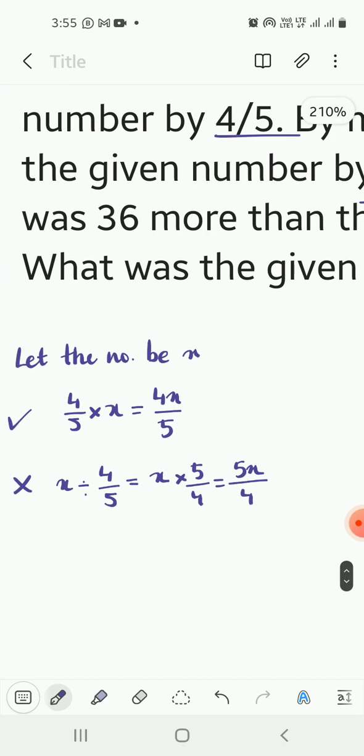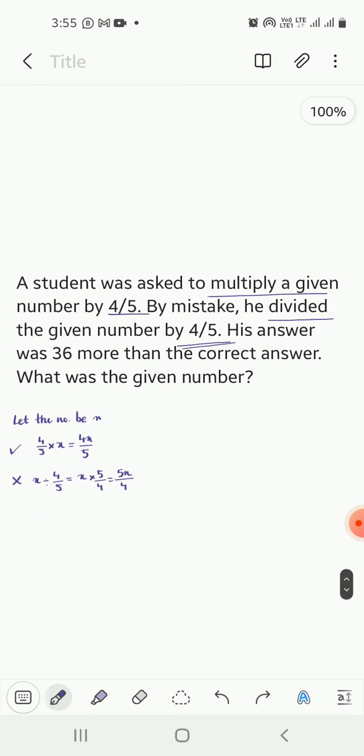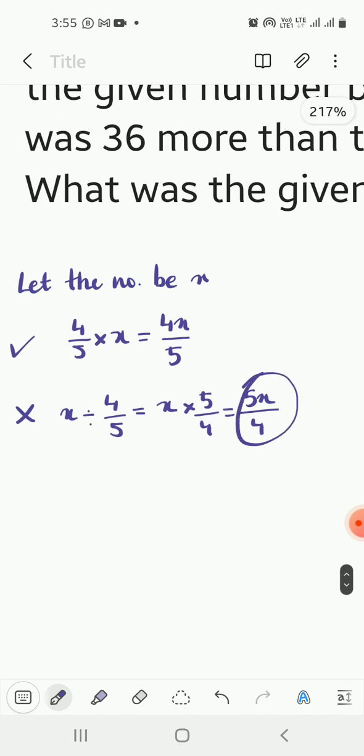Which means he was asked to find out this answer 4x by 5, but he found out this answer 5x by 4. And because of the error that he had made, the answer that he had got was 36 more than the correct answer, which means this is 36 more than this.